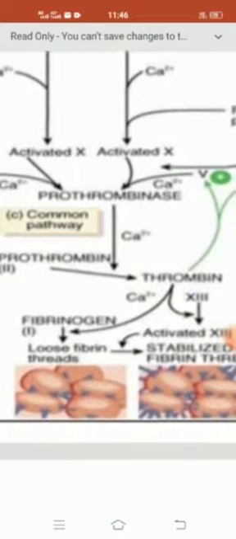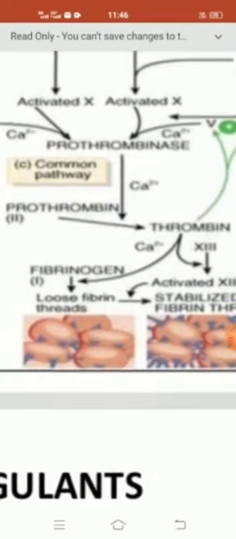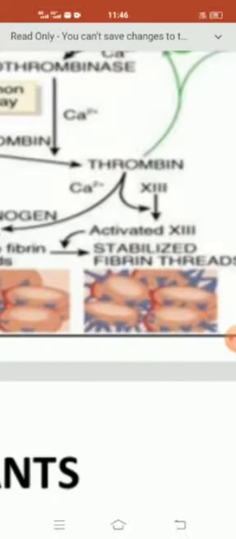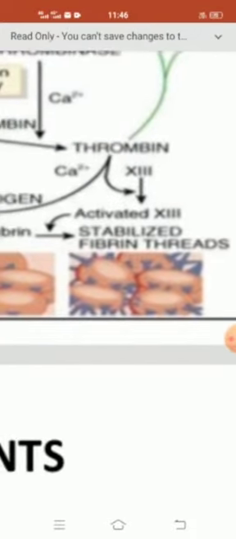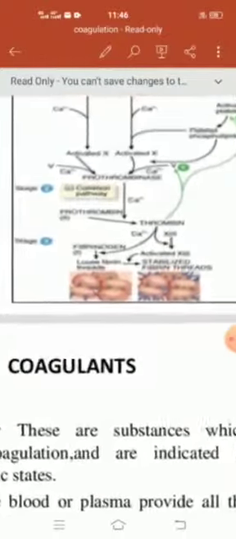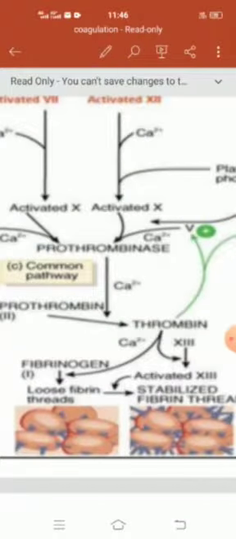Then prothrombin is converted to thrombin in the presence of calcium, and also in the presence of factor 13 and fibrinogen, a clot is formed, a loose fibrin thread, then the stabilized fibrin thread. So a clot is formed here, you can see it. This is just for your understanding of how the clot is formed.